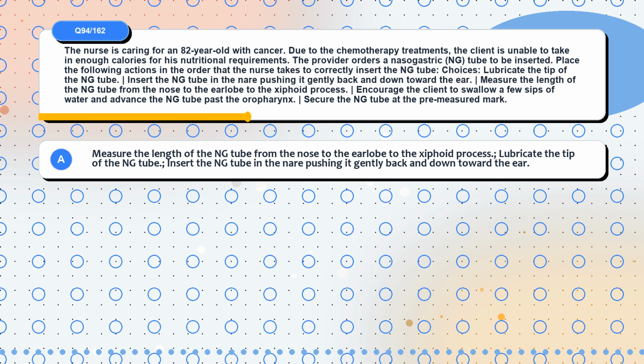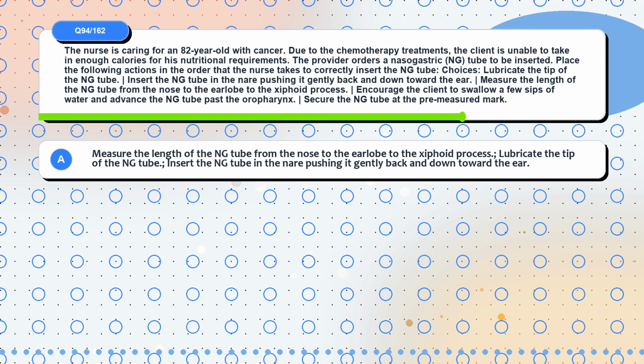Choices: lubricate the tip of the NG tube. Insert the NG tube in the naris, pushing it gently back and down toward the ear. Measure the length of the NG tube from the nose to the earlobe to the xiphoid process. Encourage the client to swallow a few sips of water and advance the NG tube past the oropharynx. Secure the NG tube at the pre-measured mark.